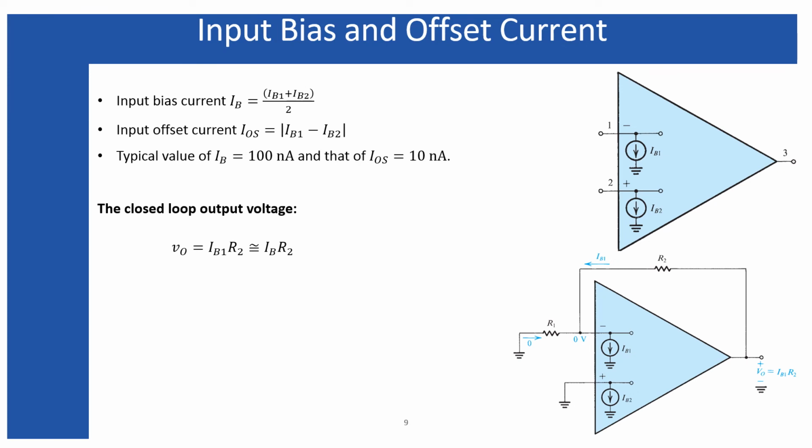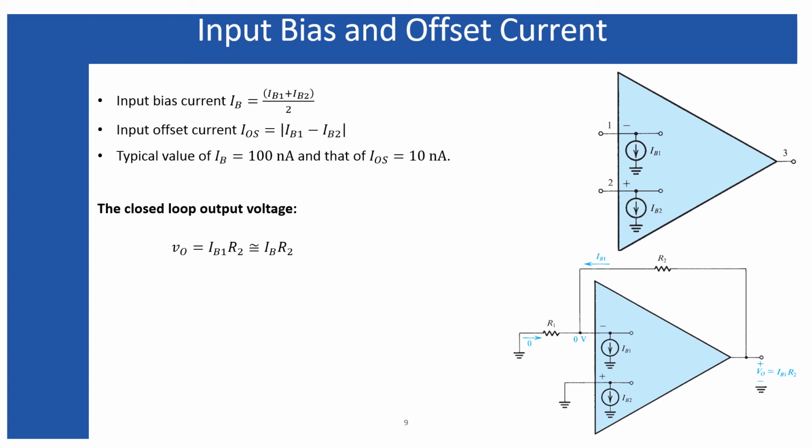Next is the input bias and input offset current. As you have seen in the case of differential amplifier, the differential amplifier gets biased by the constant current source, and the collector current of each of these individual transistors gets biased as alpha I divided by 2. So that is the bias current you can consider.